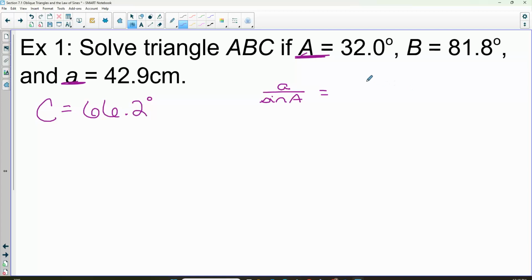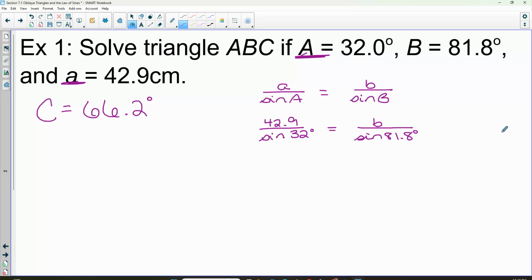If I wanted to find side b, I could say a over sine A is equal to b over sine B. And now we plug in. a is 42.9 over the sine of 32 degrees equals b, I don't know, over the sine of 81.8 degrees.